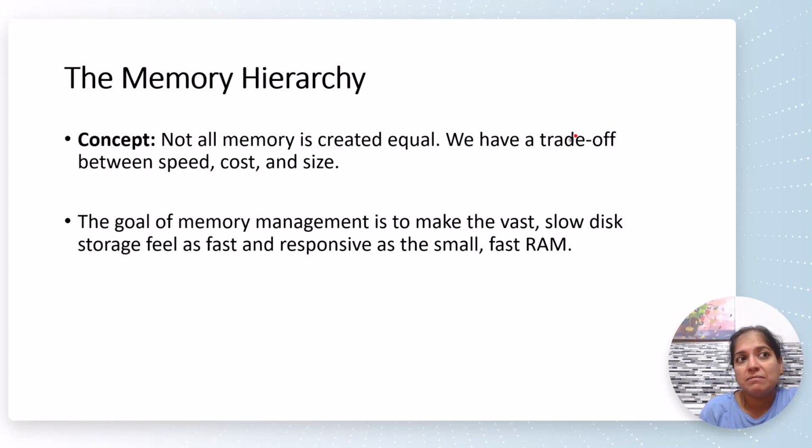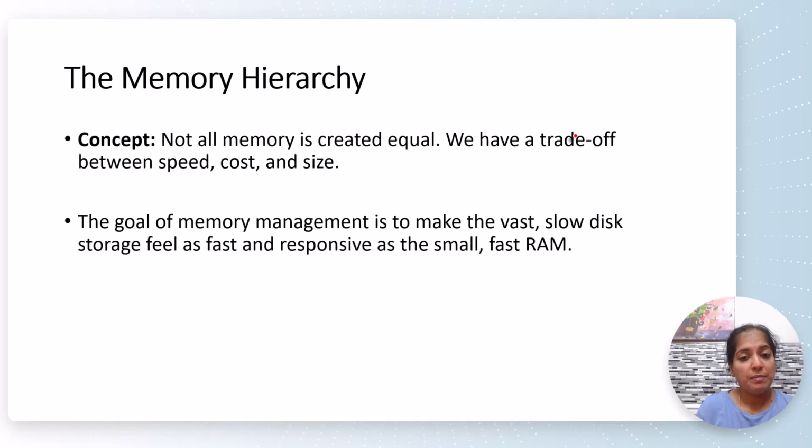Like if we talk in terms of RAM and our physical storage, that is the hard drive, the size of the hard drive is large enough in comparison to cache or RAM, but the cost and speed differ as well. The RAM and cache are faster than the hard disk.